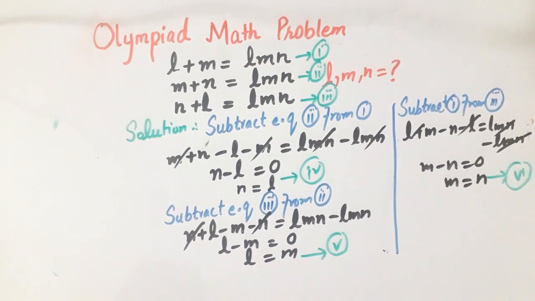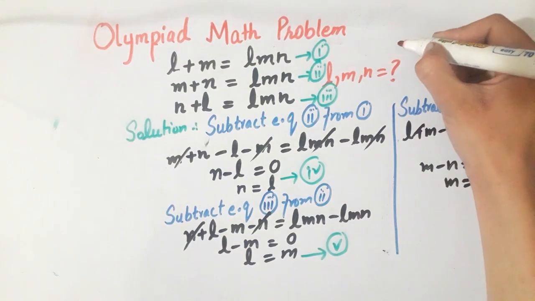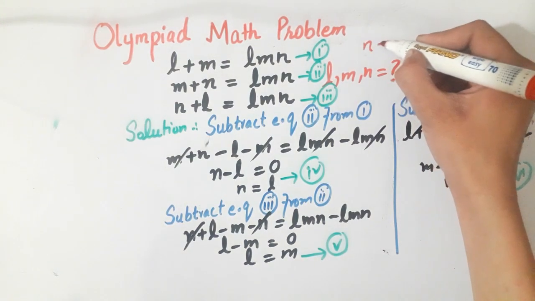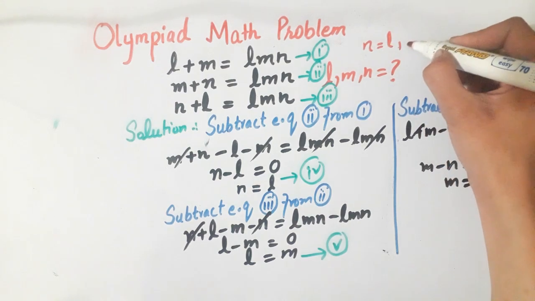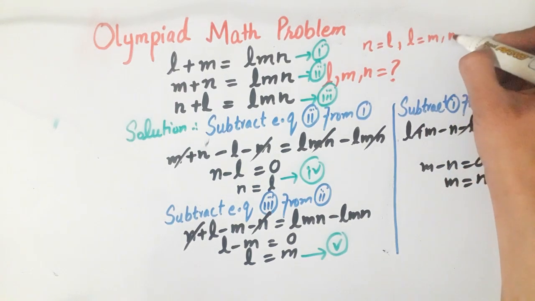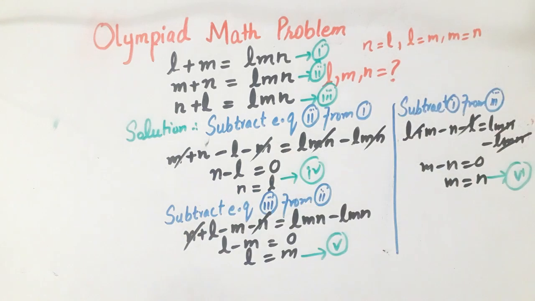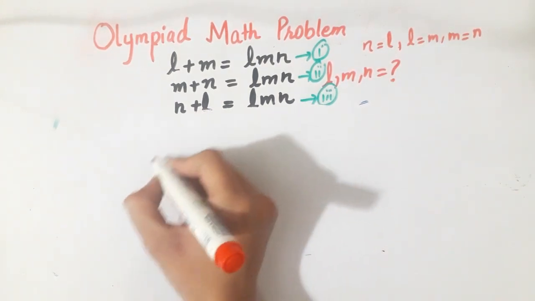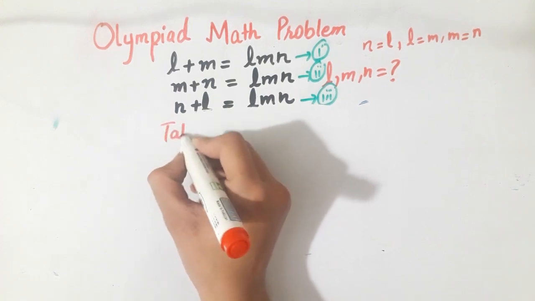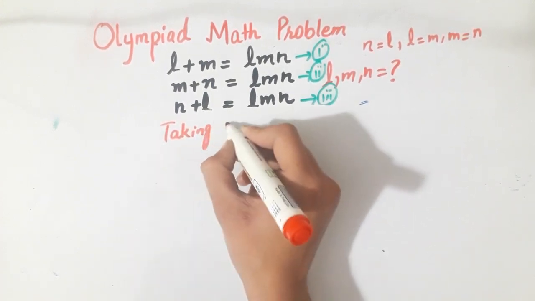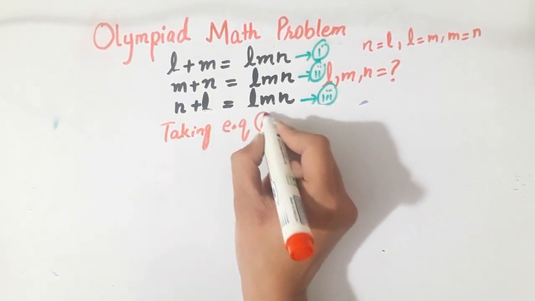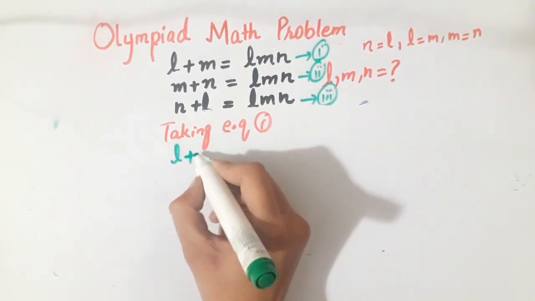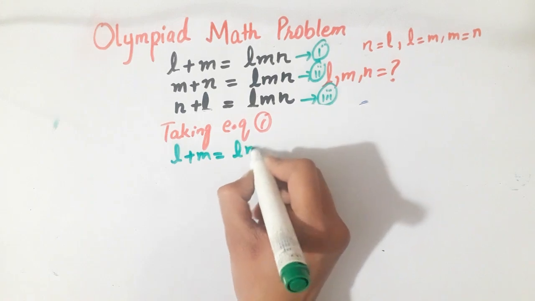We will write the results here: N equal L, L equal M, and M equal N. After this, now take the first equation. Taking equation 1, that is L plus M equals LMN.